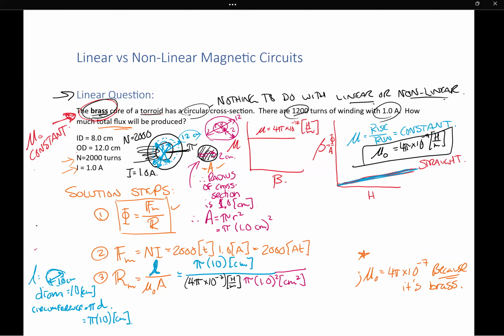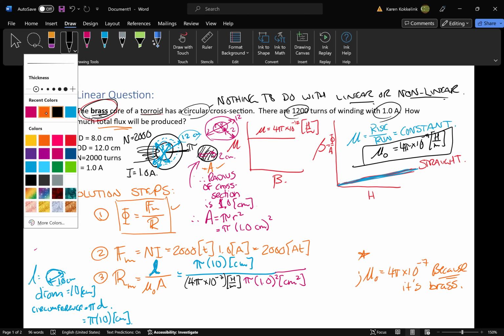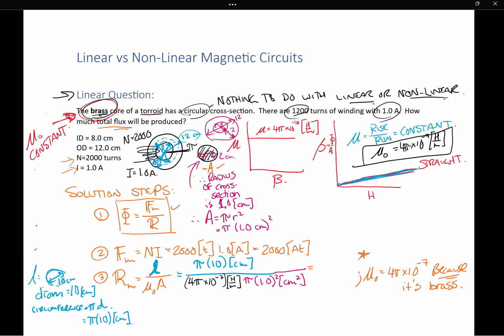And I'm not going to go through all of the conversions and everything to work that out. I will leave that up to you. And I will just answer in orange here. That's going to all work out to 7.96 times 10 to the 8, if you work out your units properly, into amp turns per Weber. And I kept the turns.